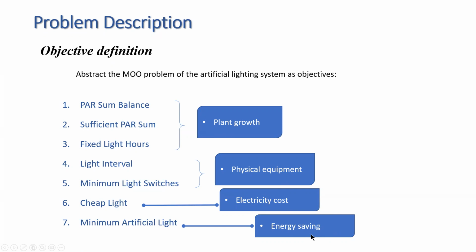But for the global goal of this project, that is to ensure the production quality, but minimize the electricity cost and save energy, the relative importance of these objectives are different.